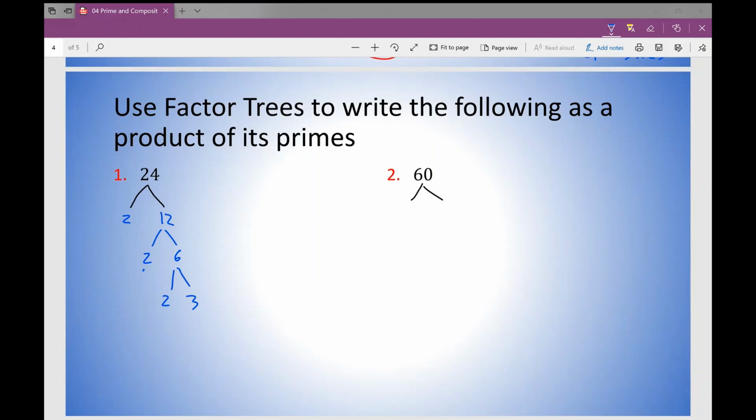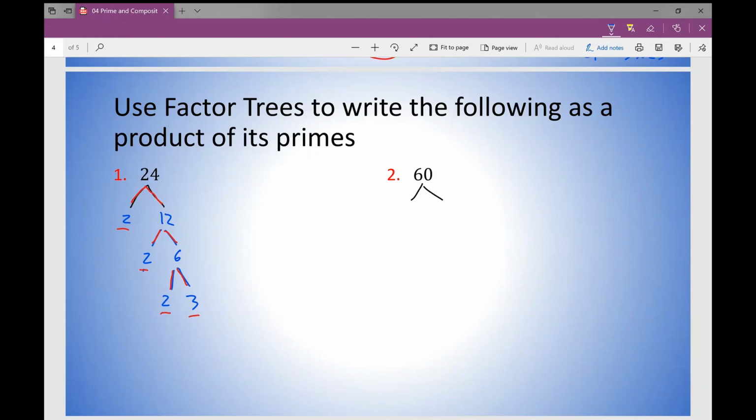And now we can't break these numbers down anymore. These numbers at the end of our branches of our tree, that I've just highlighted in red, are all prime numbers.